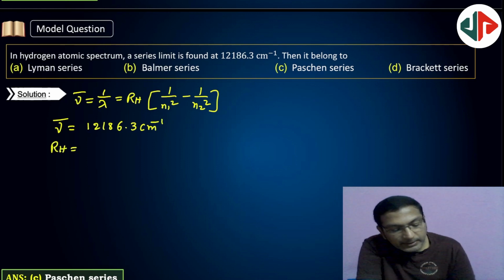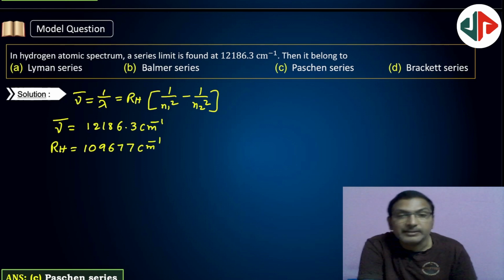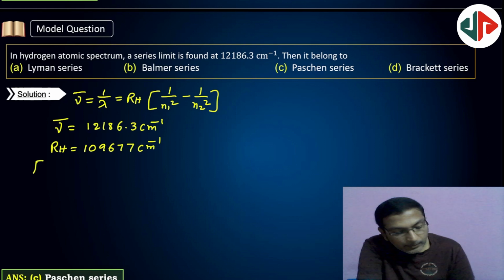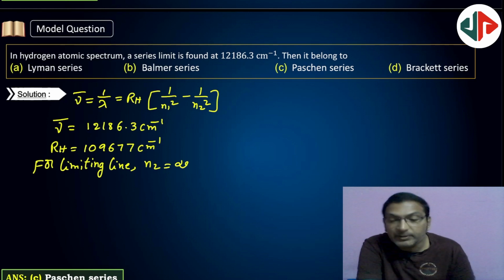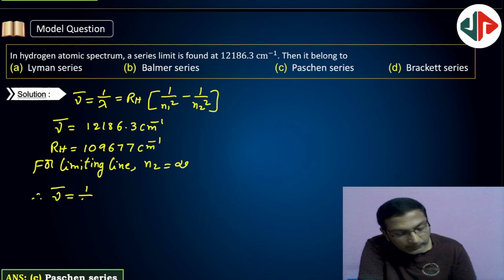And we know RH value, Rydberg constant for hydrogen atom, 109,677 centimeters inverse. And for limiting line, N2 will be equal to infinity. Therefore, Rydberg equation becomes nu bar equal to 1 by lambda, that is equal to RH by N1 square.